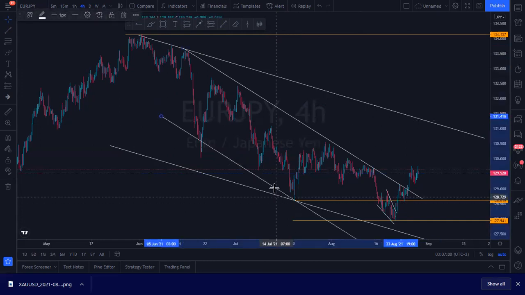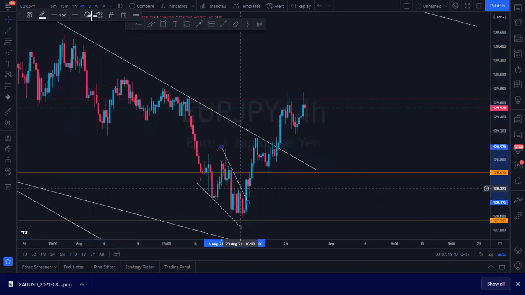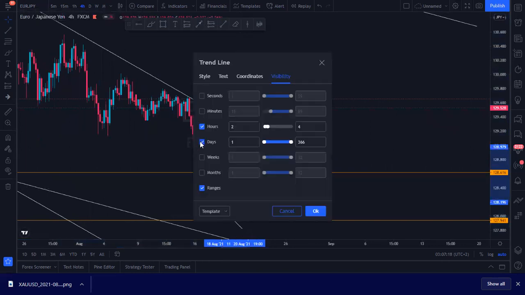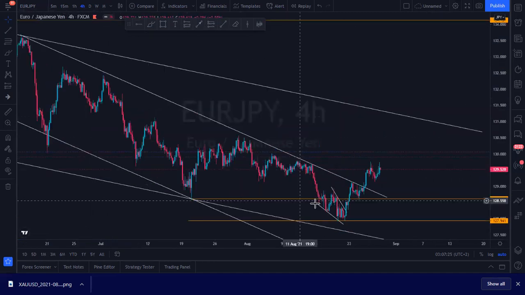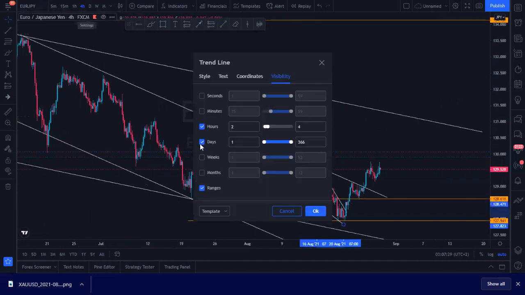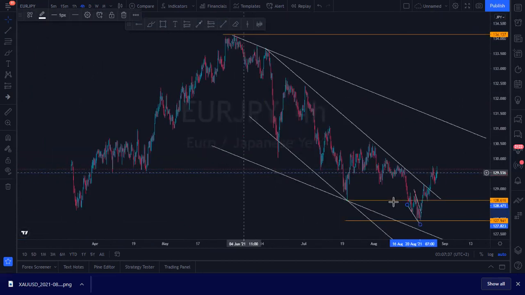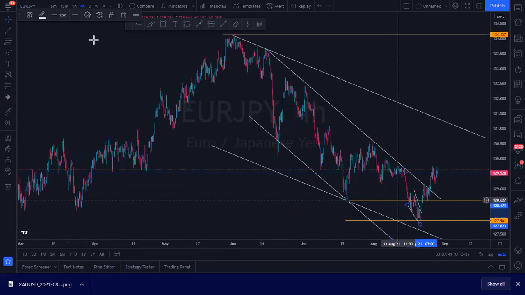I like working on a clean chart. I don't want a chart that is so messed up that I get confused when I come back to look at my analysis. So I just want to make sure these lines also appear.